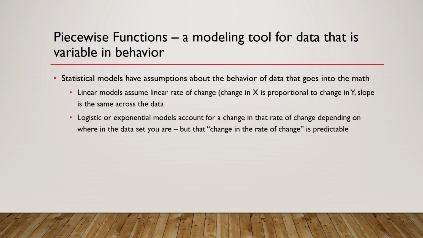The logistic or exponential models, which we've also seen, you can think of the S-shaped curve one, has an assumption that the rate of change depends on where in the data set you are, but your rate of change, even in that change of the rate of change, is predictable. So you know that if you're in a logistic curve, you'll start out slow, and then you'll increase, and then you will eventually taper off again.